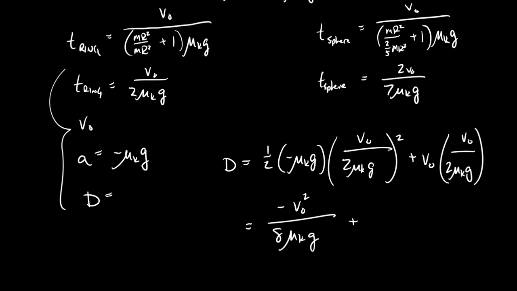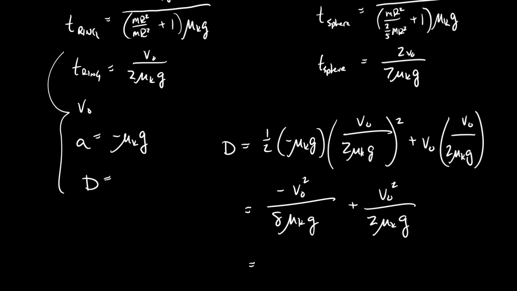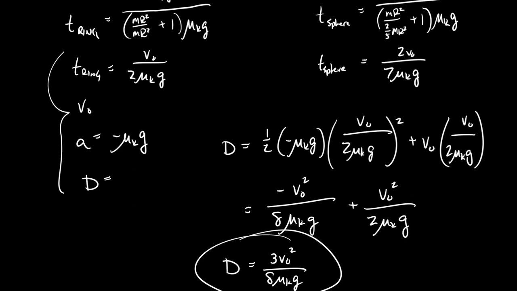Plus v naught times v naught gives me v naught squared over 2 mu kg. So common denominators, this is 4/8, and 4/8 minus 1/8 is 3/8. So this will be 3 v naught squared over 8 mu kg. That's for the ring.